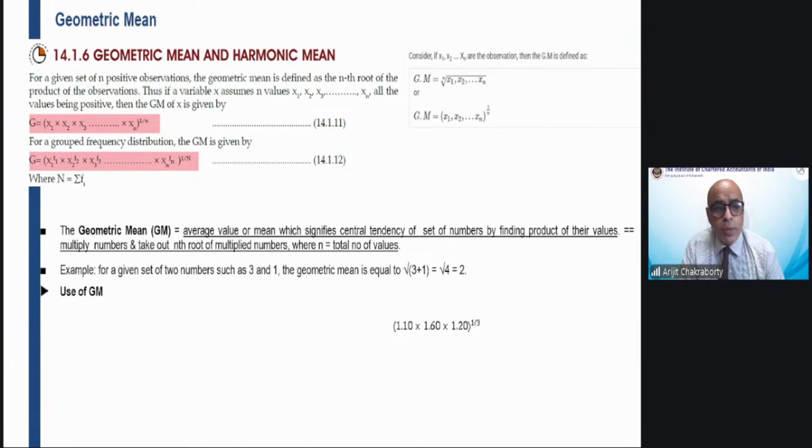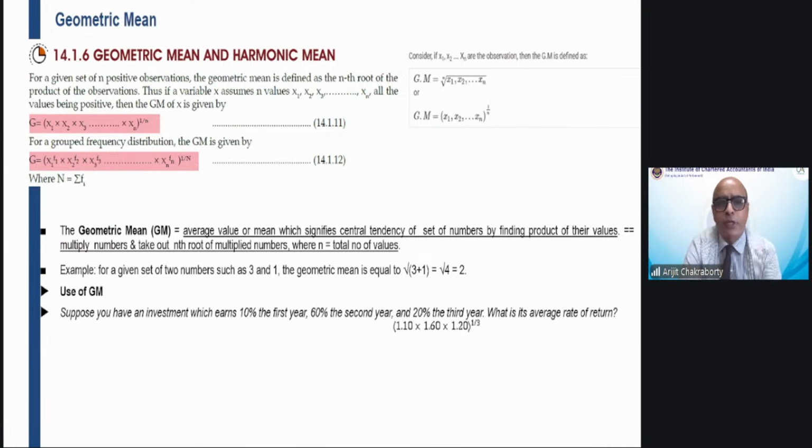Yes, we talk about the use of GM or geometric mean, and we see a particular case of investments. Now, in the course of your journey in chartered accountancy, in different levels, intermediate and final, financial management, you will deal with a lot of problems involving investments.